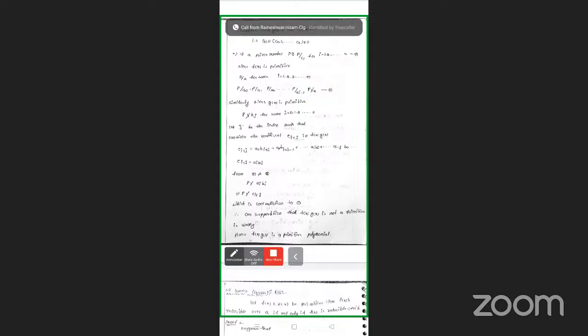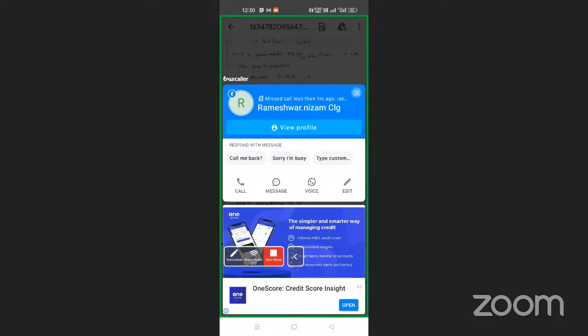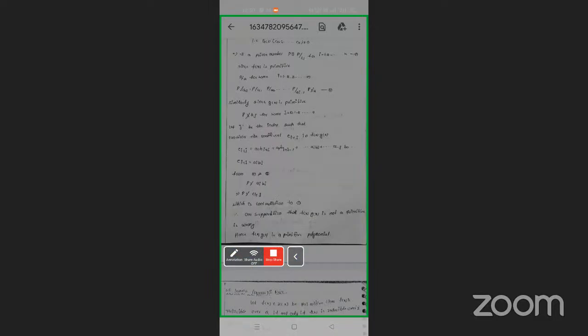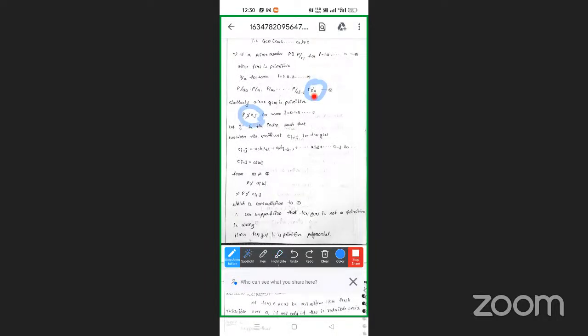So p does not divide a_i and p does not divide b_j. Therefore, p does not divide a_i b_j, and also p does not divide c(i+j). So which is a contradiction to equation number 1, because p divides c_i.